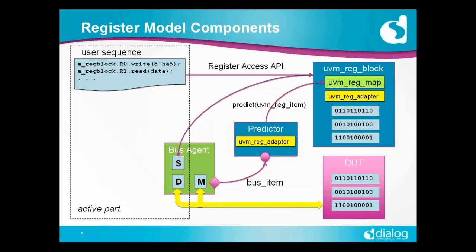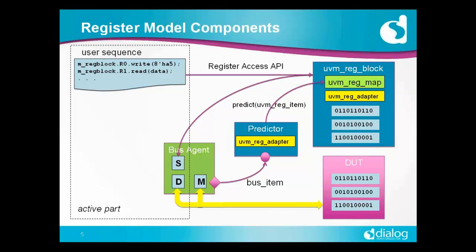Then what happens is the API goes in, you call into a register that's instantiated inside your register block, and that will in turn use this register map to select a particular adapter, which represents a transformation from a register operation to a physical operation on your bus. So then that will cause a sequence, a mini sequence or a sequence item to be generated, because you have to hook that up into your agent, and that will then drive the physical register access onto the bus. So that's one part of the picture.